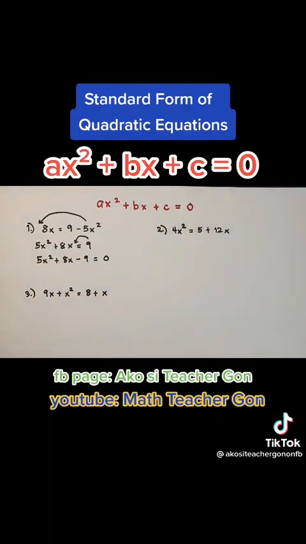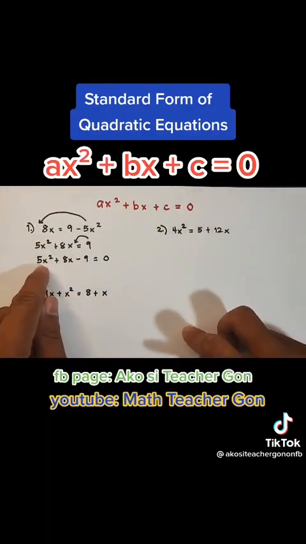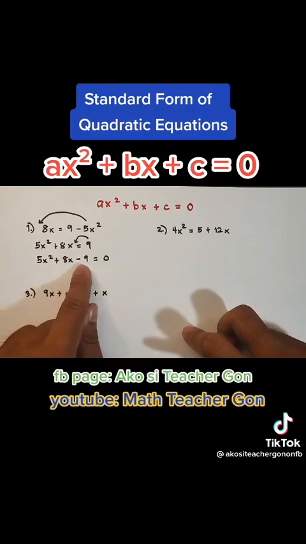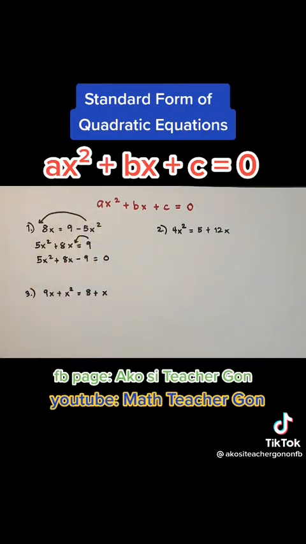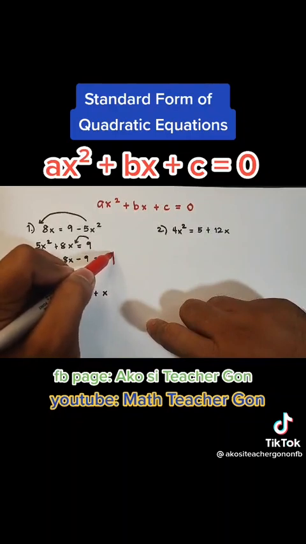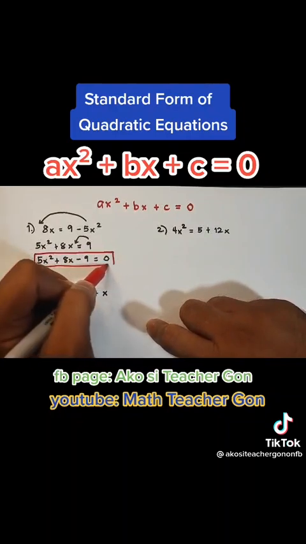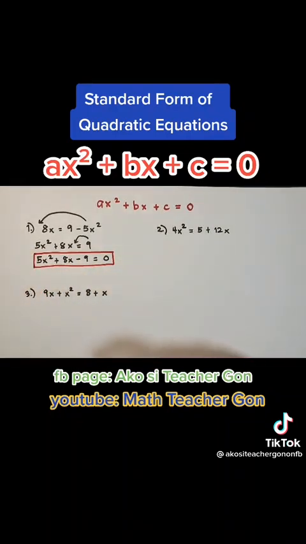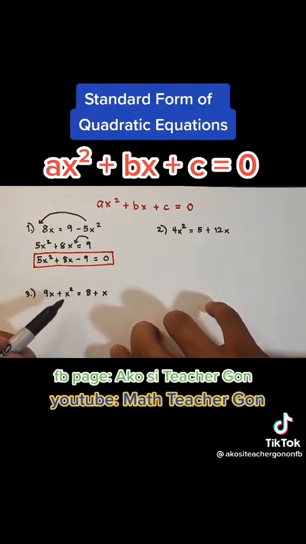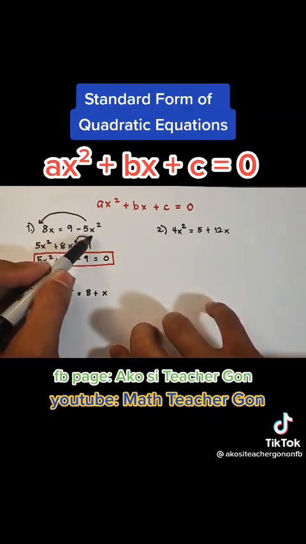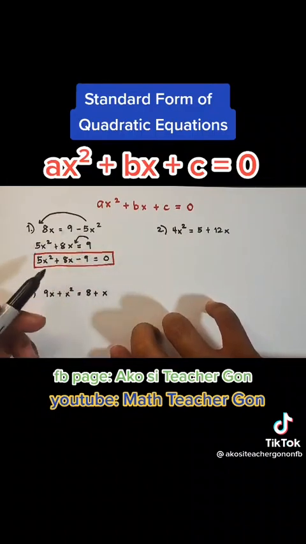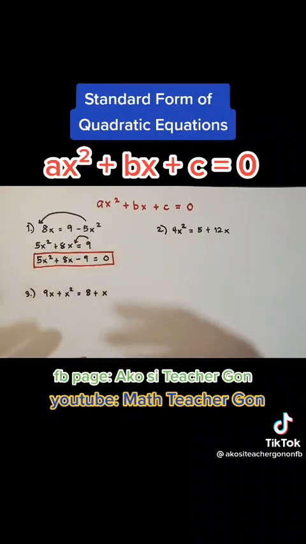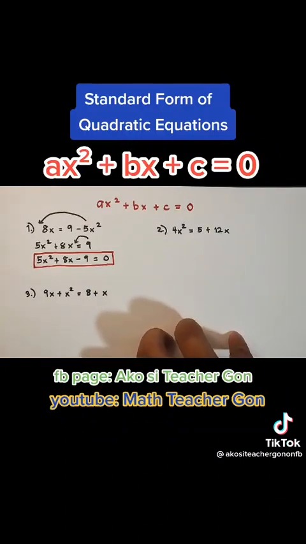And as you can see guys, this equation 5x squared plus 8x minus 9 is already in standard form. So we can declare that this one is the final answer. And later on, we will identify the value of a, b, and c. Actually, pwede natin ipagsabayin si negative 5x squared sa kasi 9 sa pag-transpose, pero inisa-isa ko lang para masanay kayo in transposing a term. So let's continue.